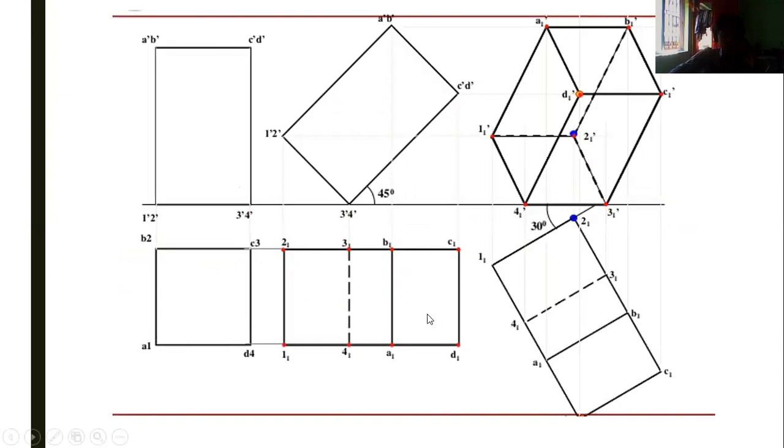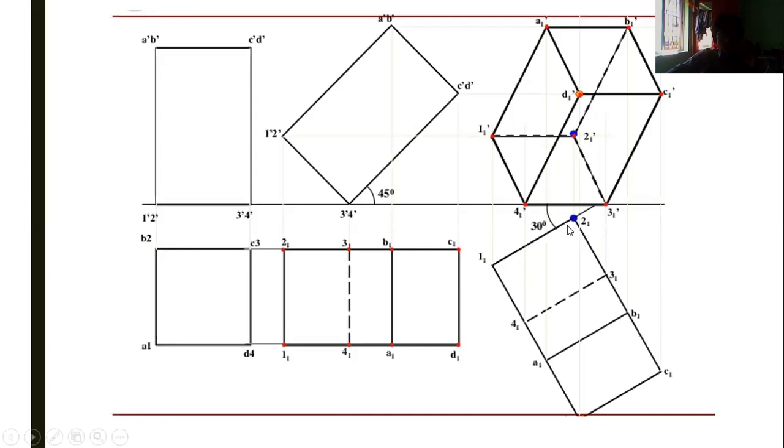Up to this much, initially I have made an angle of 45 degree with the horizontal plane, and this is the final position we have got. Now I'll draw the same figure at a 30-degree angle in the top view, because if it makes a 30-degree angle with the vertical plane, then it must be in the top view.